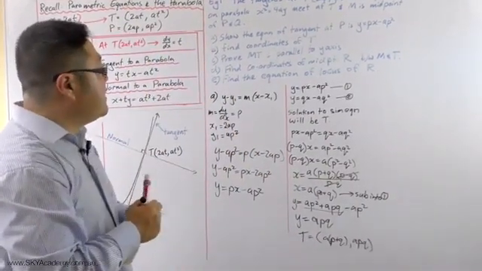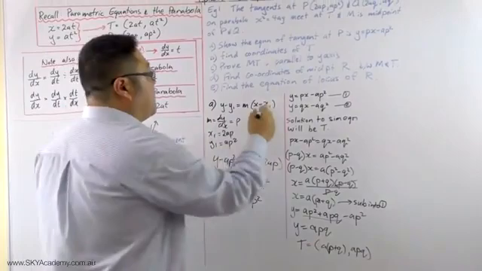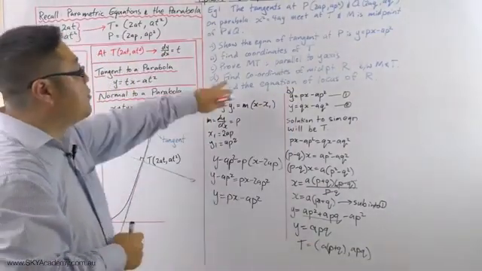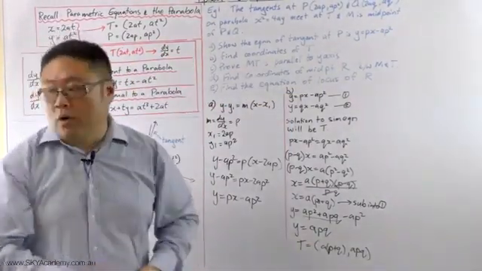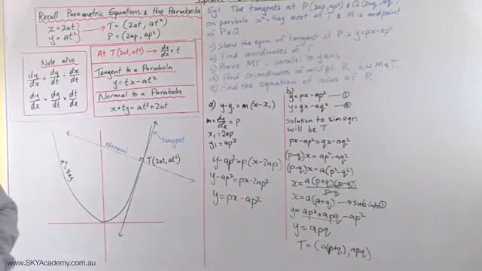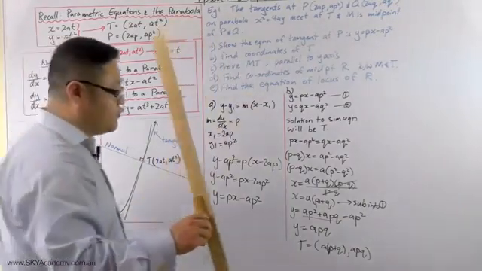Now, we've done part B. Part C, prove that MT is parallel to the y-axis.